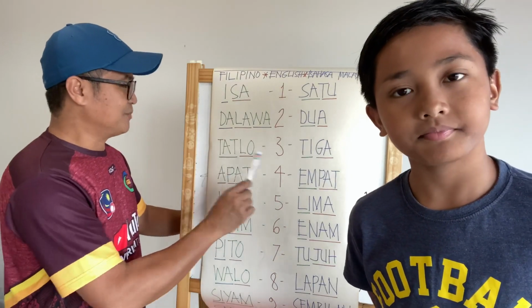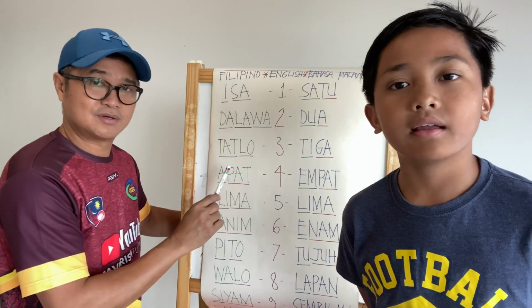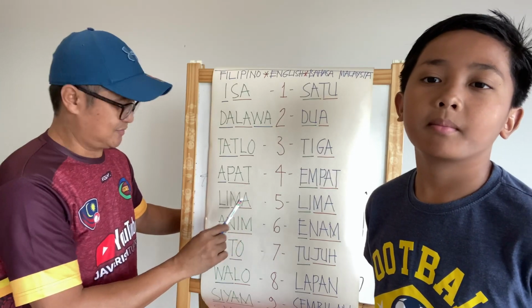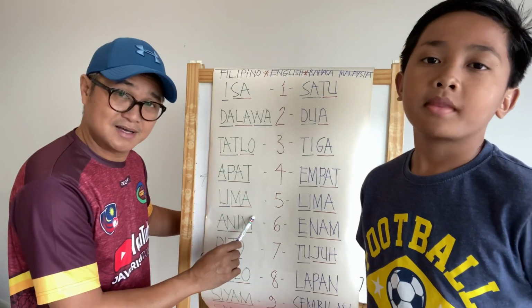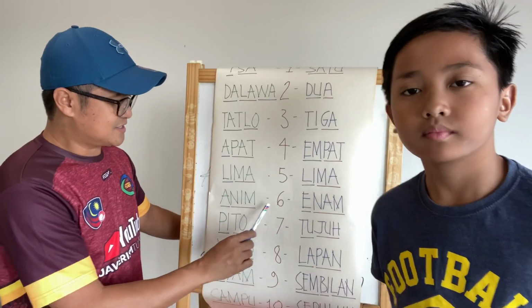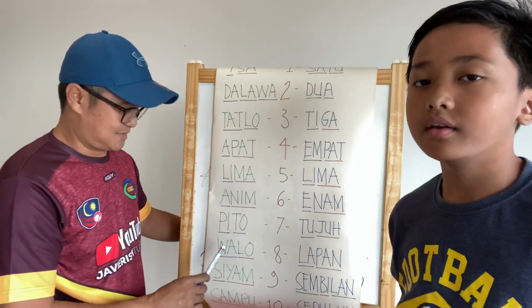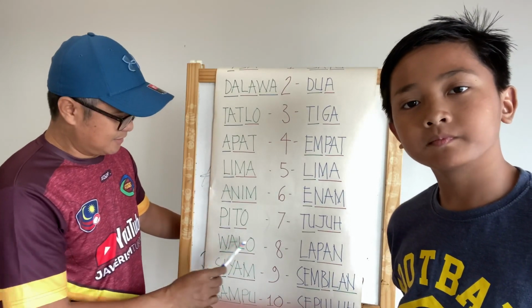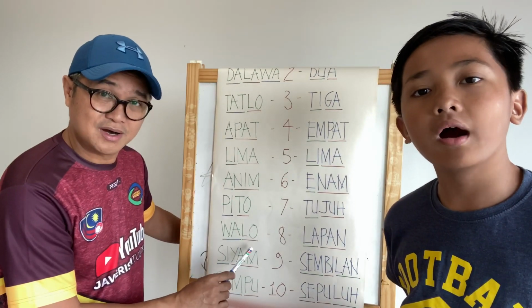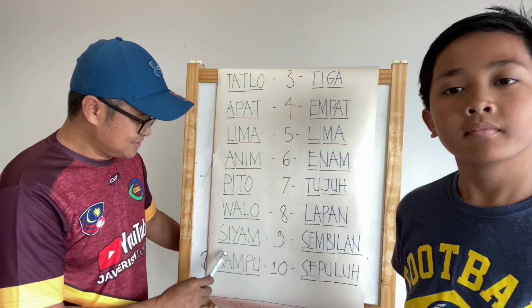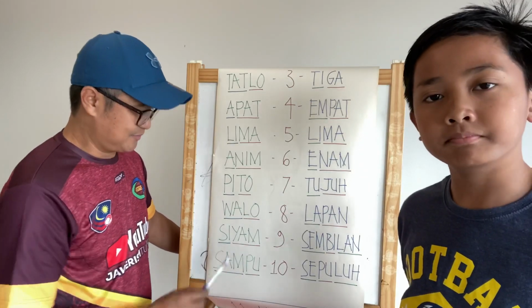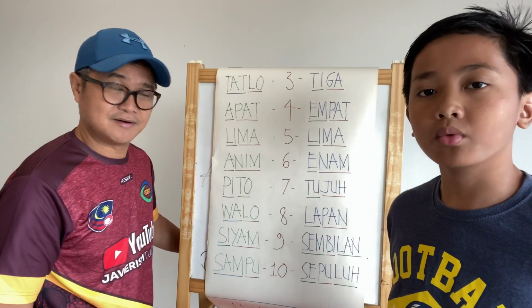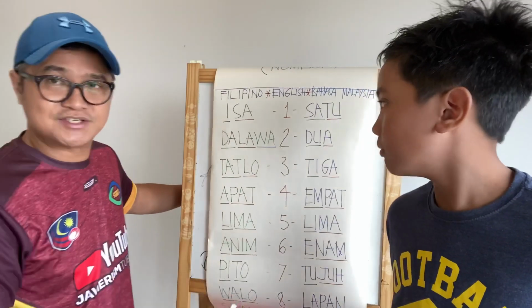Number 3 is tatlo. 4, apat. 5, lima. 6, anim. 7, pito. 8, walo. 9 is siyam. 10 is sampu.